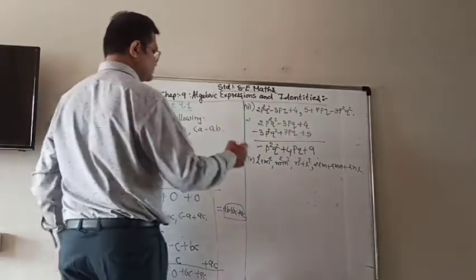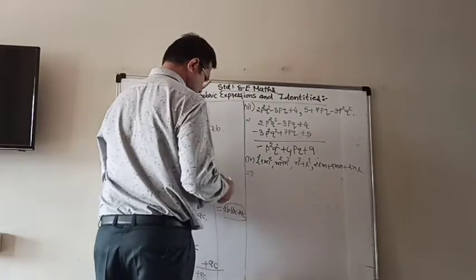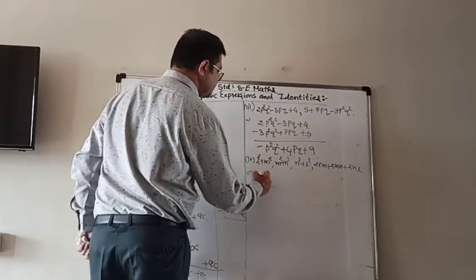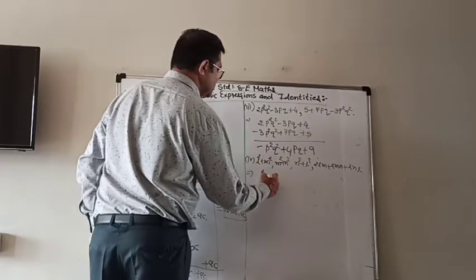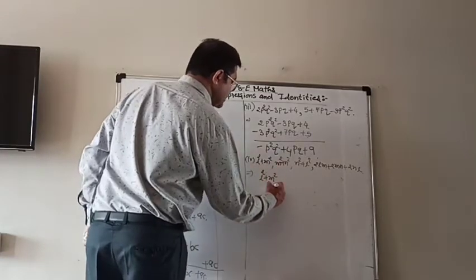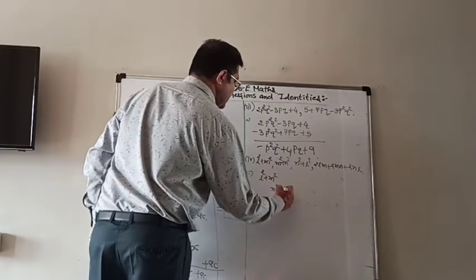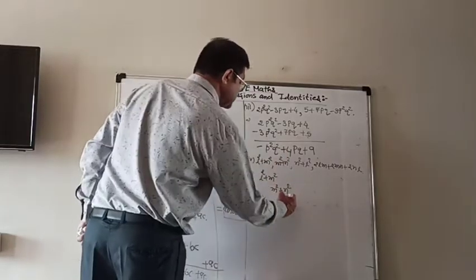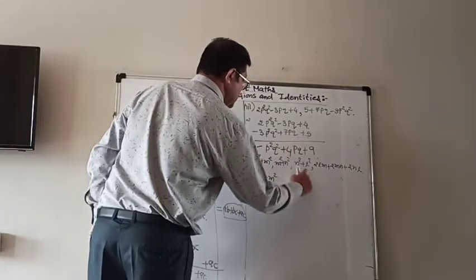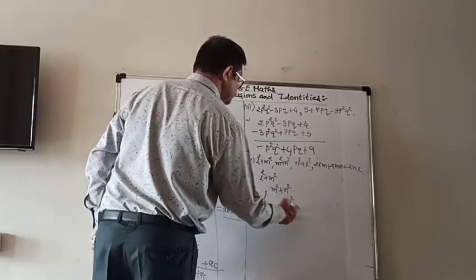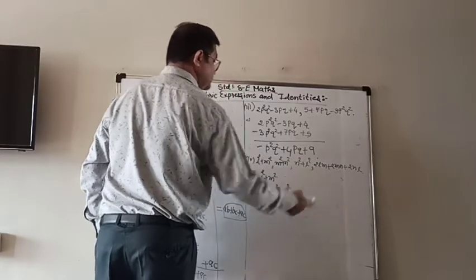So here L square plus M square is first. In the second, M square plus N square. So M square plus N square. N square plus L square. So plus N square, and L square is here, so we have to write L square here. 2LM.